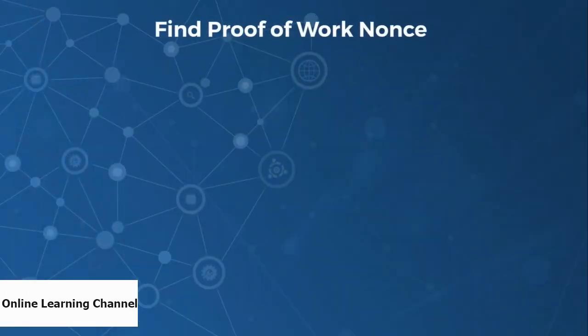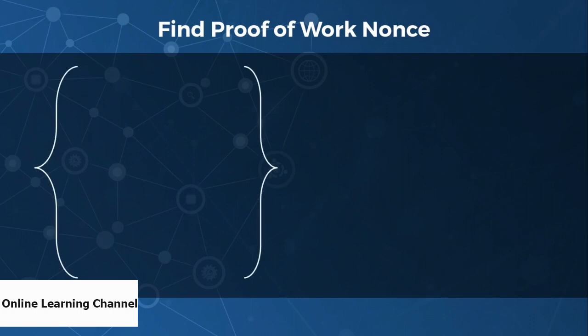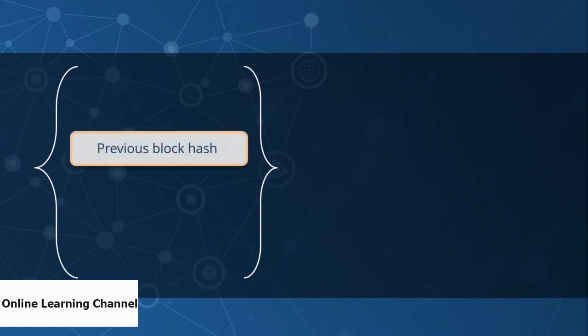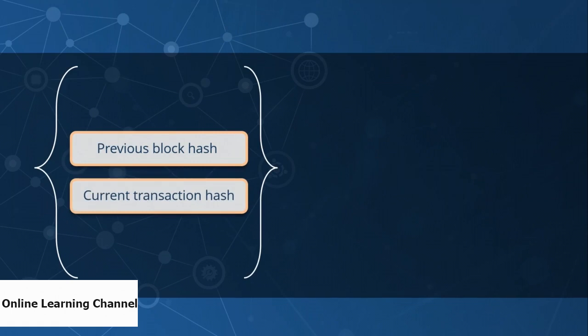Well, for that, let us take a look at what exactly a particular block for a miner will contain. This will include the hash of the previous block in the blockchain and also a hash of the current set of transactions. This will include the root for the Merkle tree of the transactions.